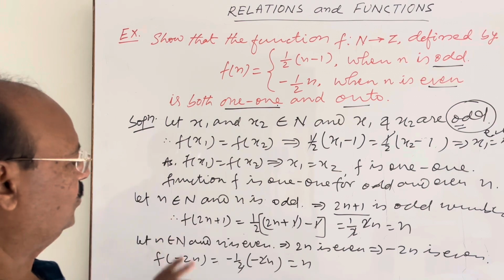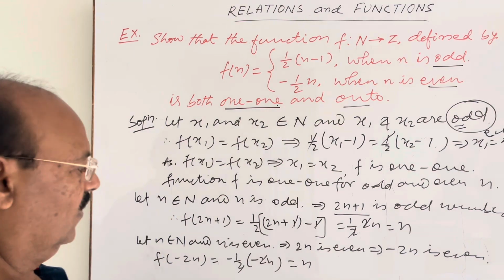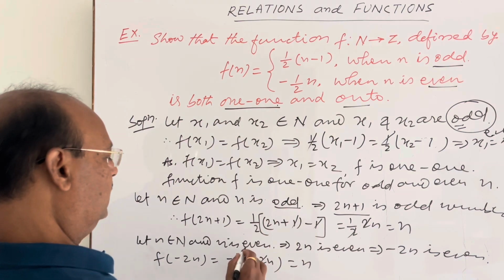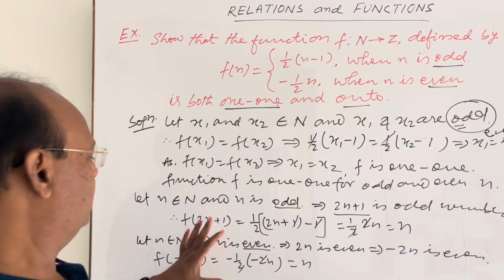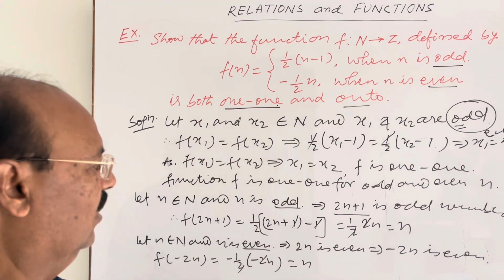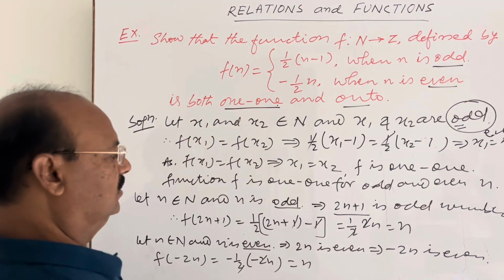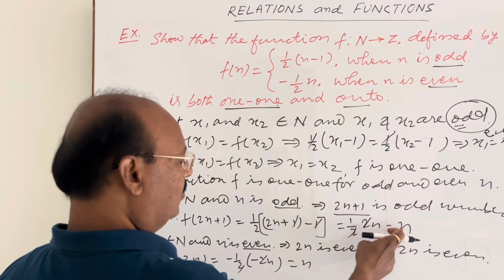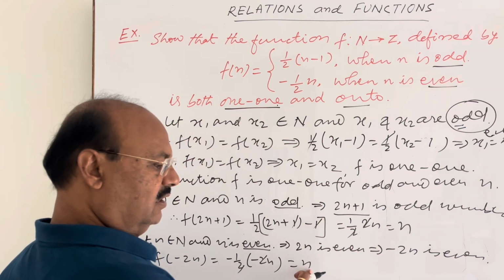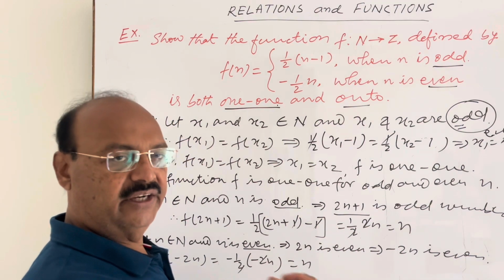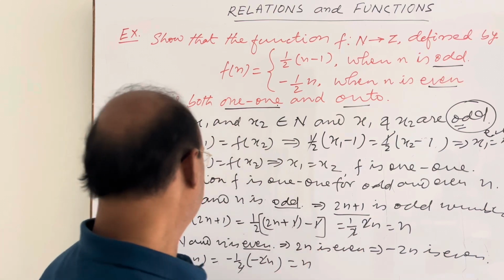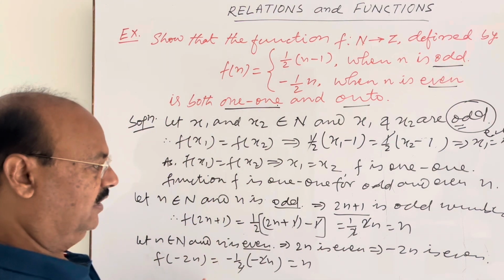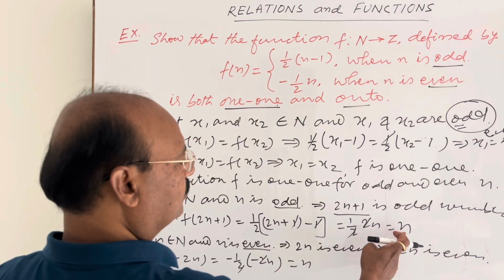So in both cases, whether n is odd or n is even, in the codomain or range, we are getting pre-images in the domain.